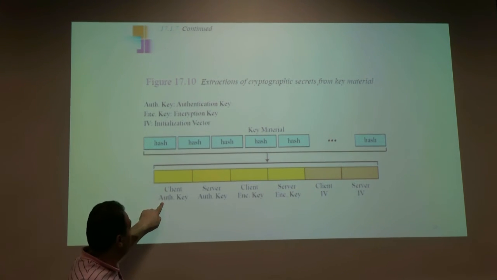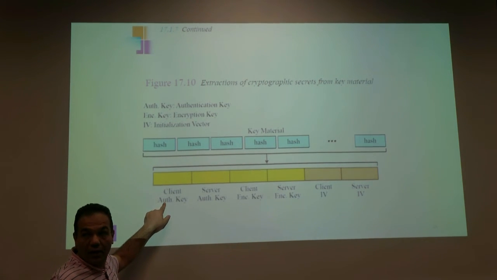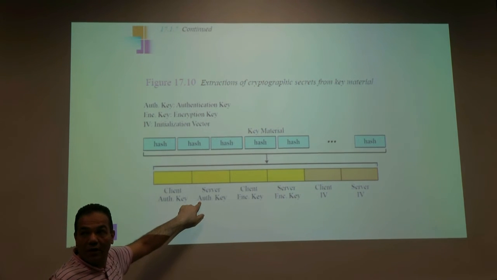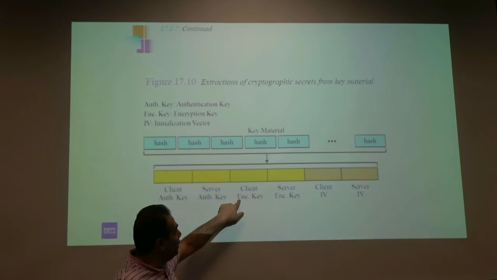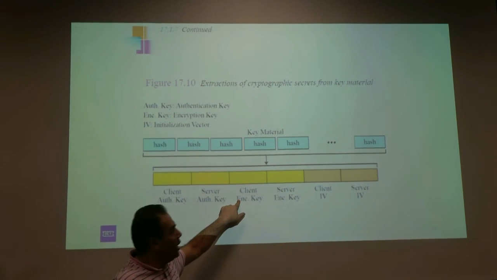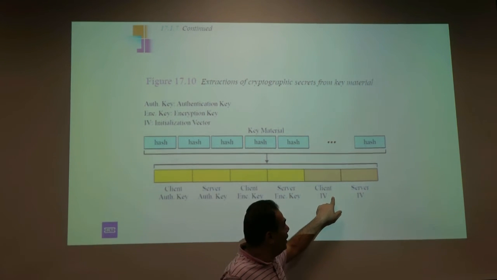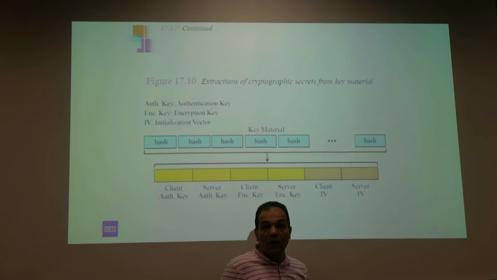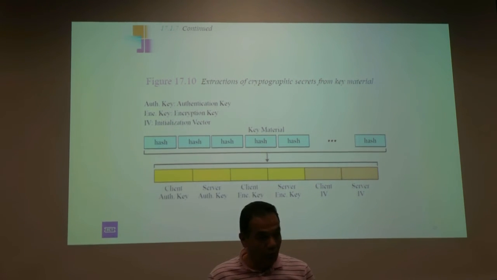The client authentication key. That's used for what? The HMAC. Okay, then you have the server authentication key that's used for HMAC at the server, and the client encryption key, and the server encryption key, the client IV, and the server IV. So we're gonna extract from this master key 6 numbers. We're gonna use them later.